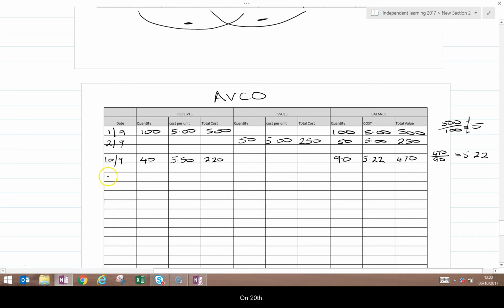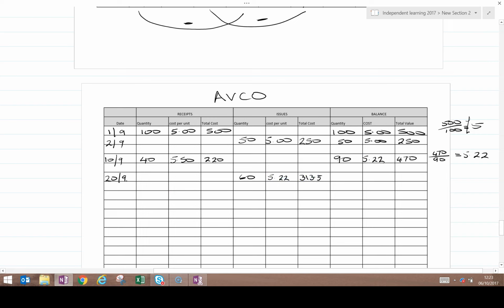On the 20th, we issued 60. We issue at the average cost. Well, we've already worked out the average cost, it's £5.22. So 60 at 5.22, 313.33.